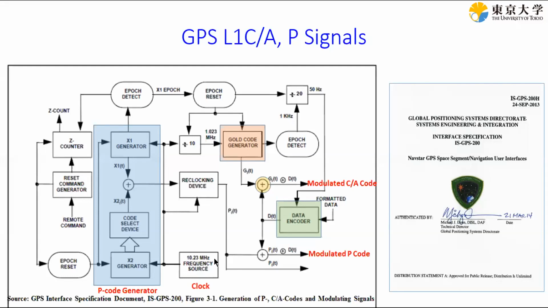So in order to keep this accuracy in the satellite, all these satellite systems, GPS, Galileo, GLONASS, whatever, they have atomic clocks, rubidium, cesium, or even hydrogen maser clocks. And they have extremely accurate clocks.